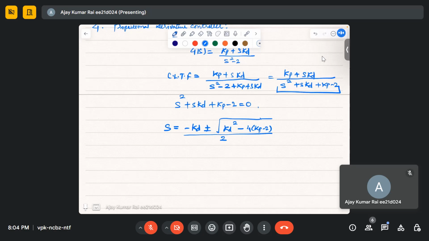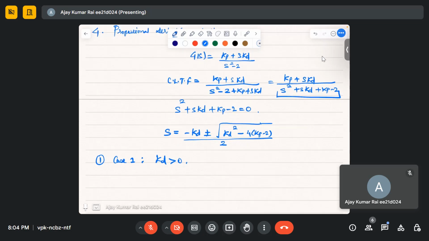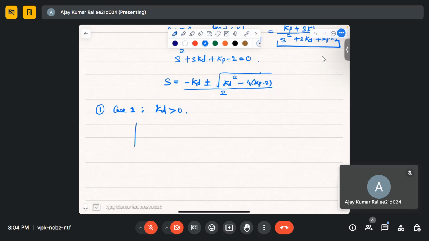Case 1, I'll say Kd is greater than 0. Let's assume this condition where the roots are lying like this, and you also have the imaginary part.